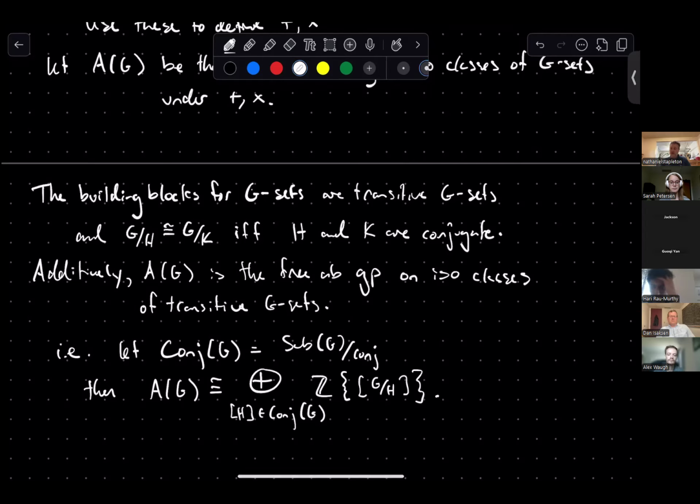So there it is. These transitive G-sets are playing the role of irreducible representations.